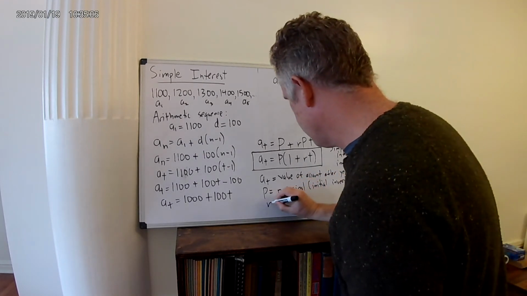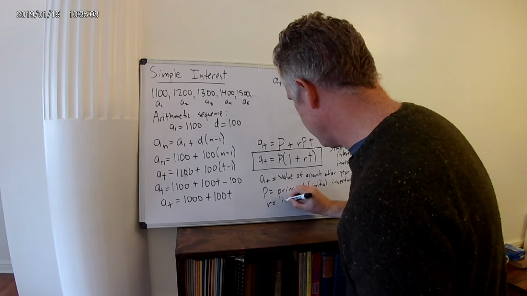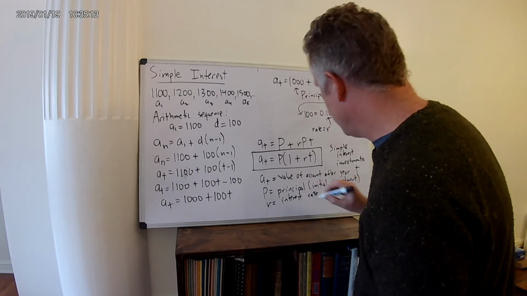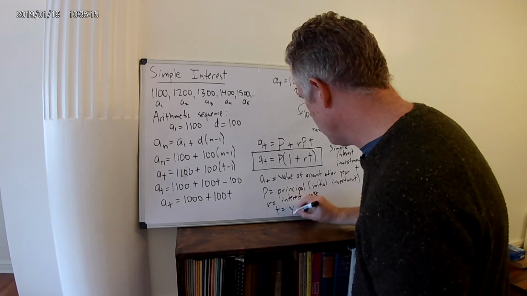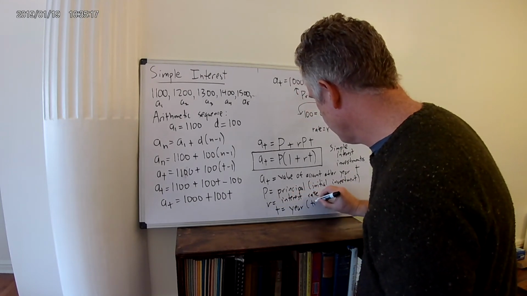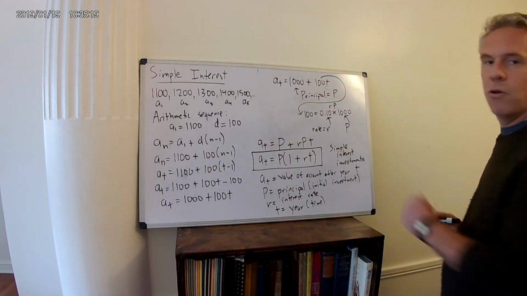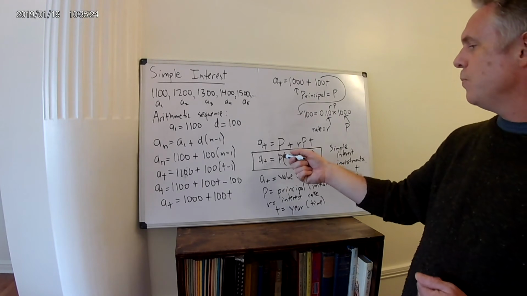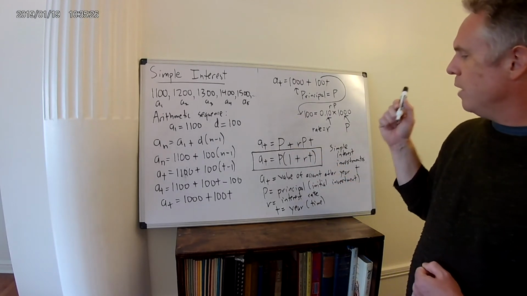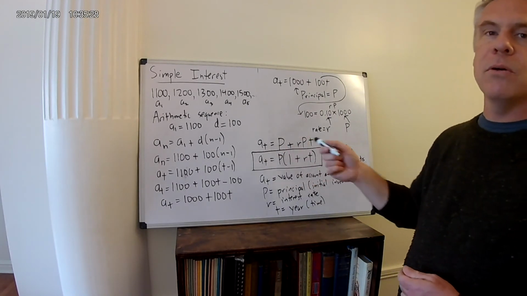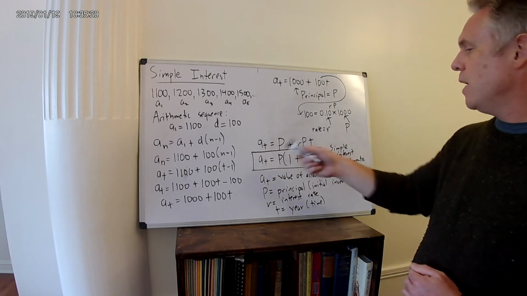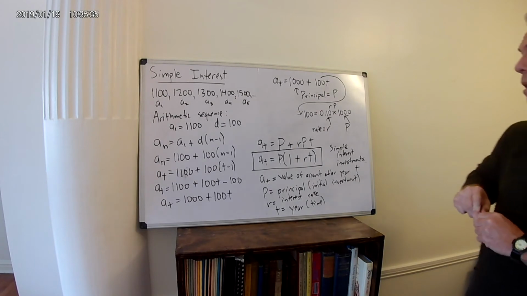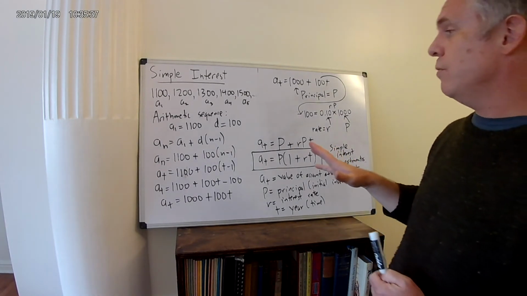R is the interest rate, and t is the year, or the time. So this is now a formula I can use if I have a simple interest investment and I know the principal, the initial investment, and the interest rate. I can calculate the value of this simple interest investment in any year by using this formula. Okay, that's the theory behind simple interest.